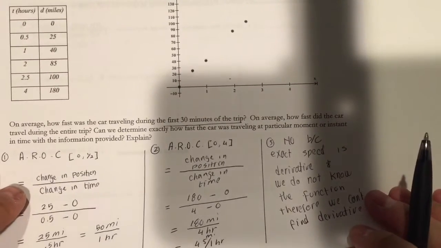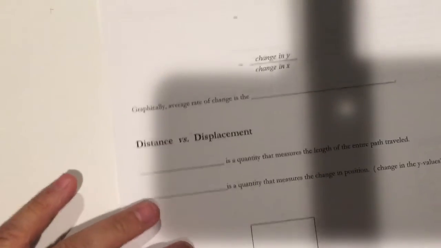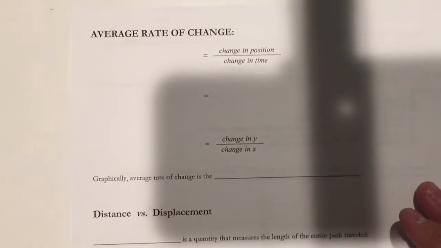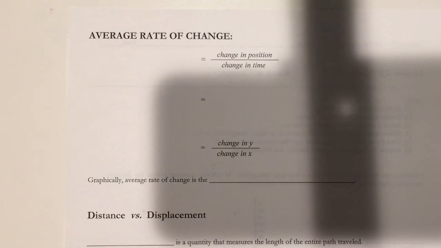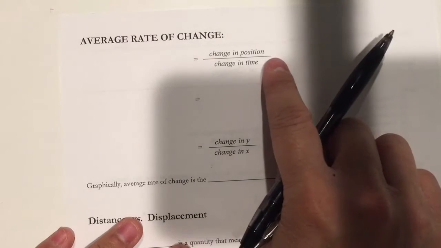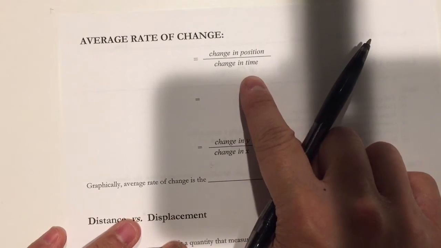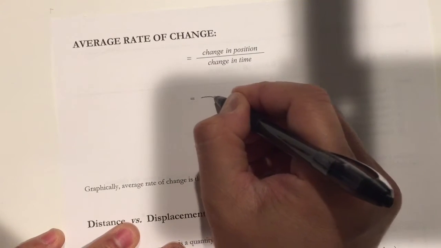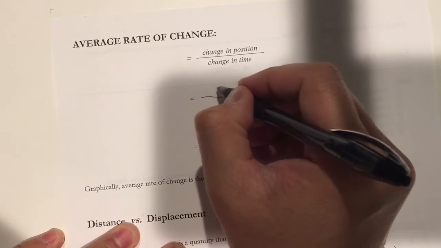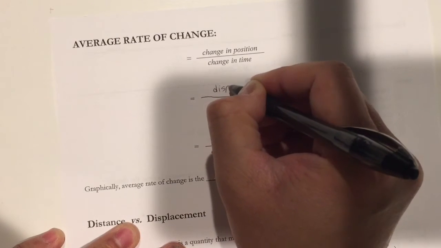Okay. All right, so average rate of change, we calculated the average rate of change on the other page. It is defined to be the change in position divided by the change in time. Another way to say the change in position is to say displacement.